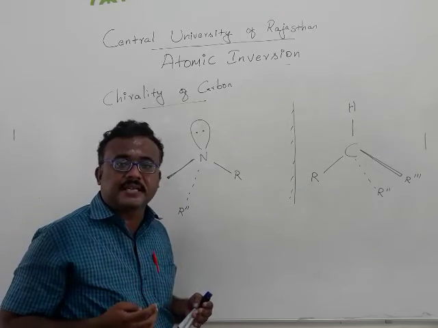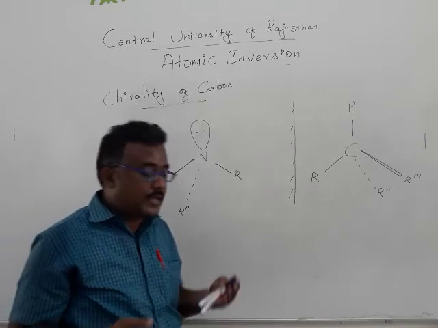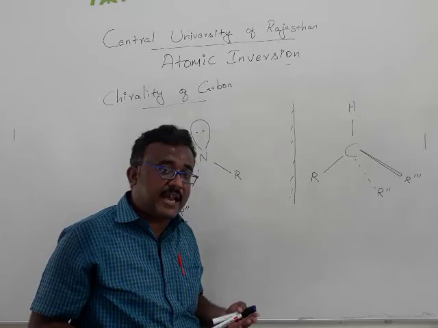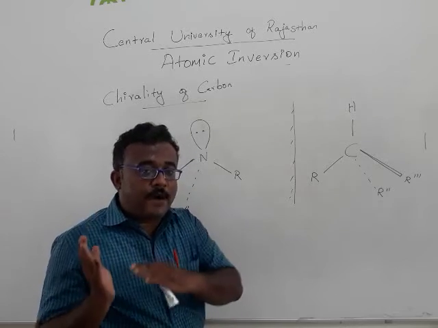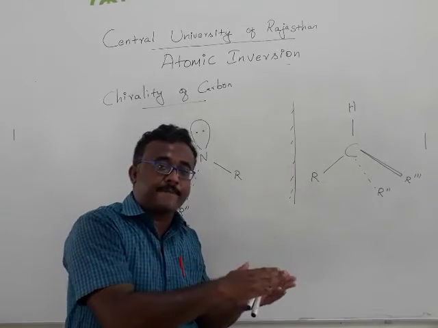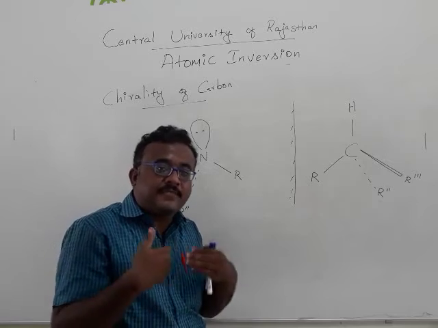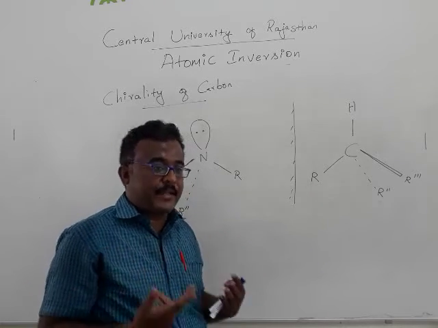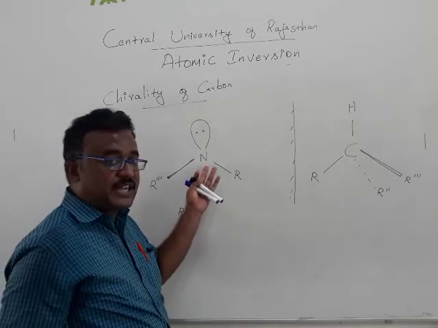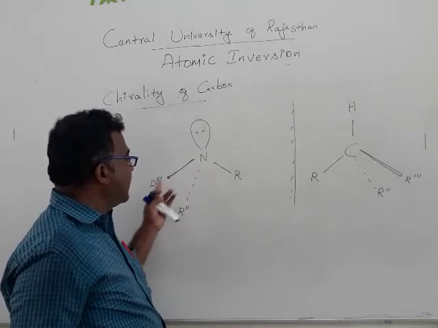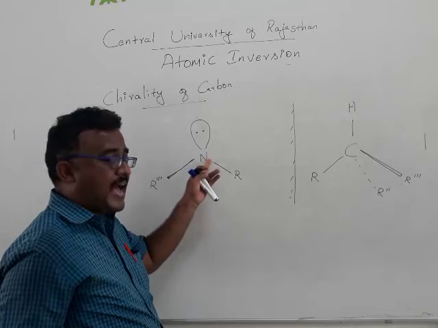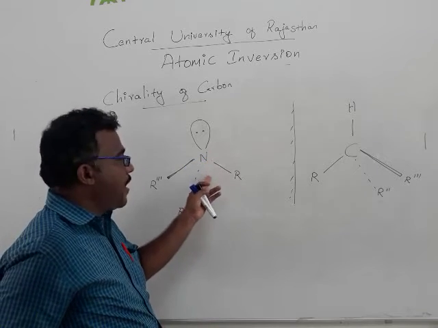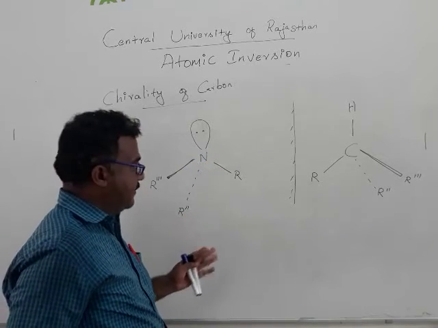Like cyclohexane at room temperature, it can go from one chair form to another chair form, maybe sometimes via the boat form. That is happening at room temperature. Similarly, in the case of nitrogen with 3 different substituents, even though it has a lone pair of electrons, the compound will be optically inactive.